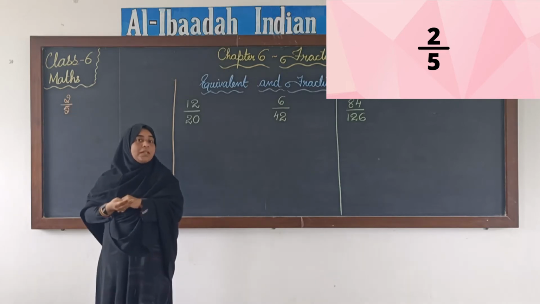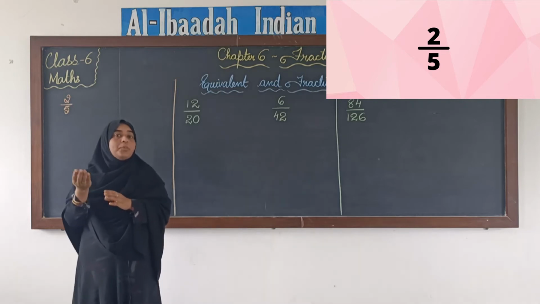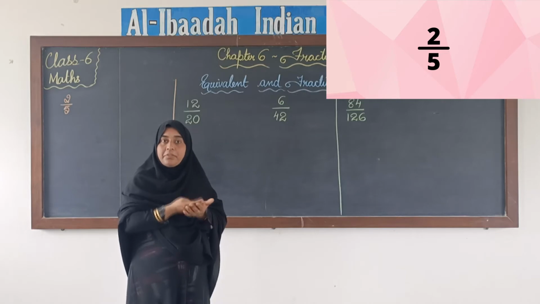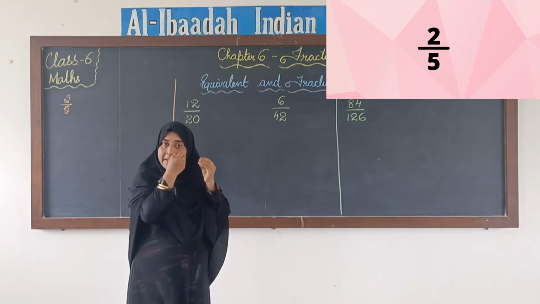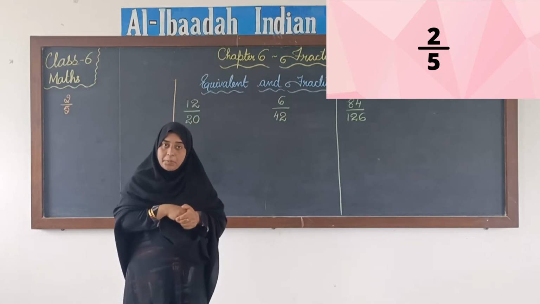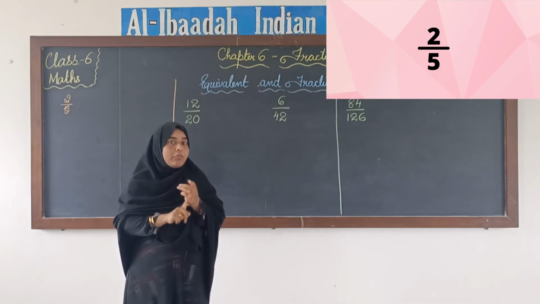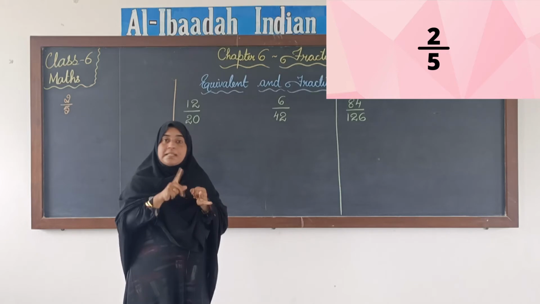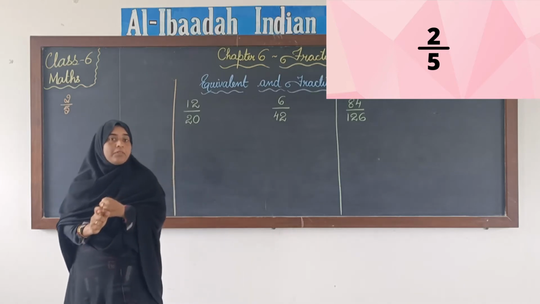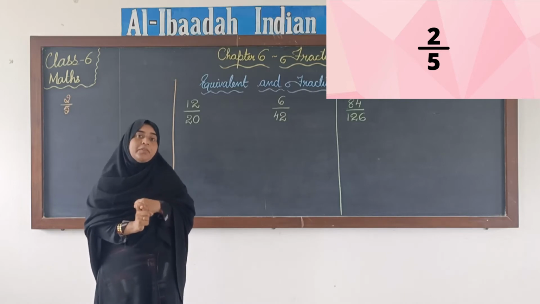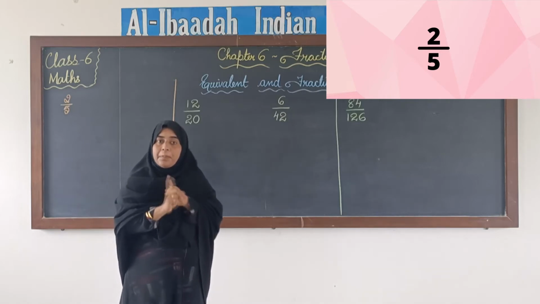Like how we do multiplication, we multiply the numerator and denominator and we get a new fraction, right? Equivalent fraction. What we are doing? We are multiplying the numerator and the denominator with the same number. Okay, there is one way of finding the equivalent fraction. The second way of finding the equivalent fraction is we can divide the numerator and denominator with the same number.